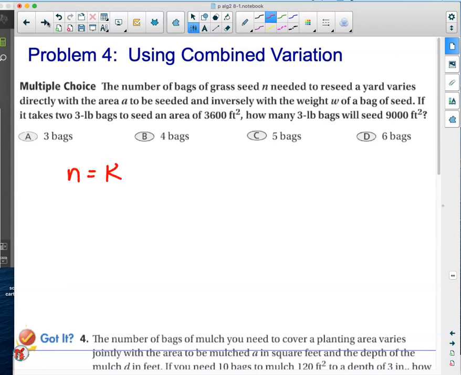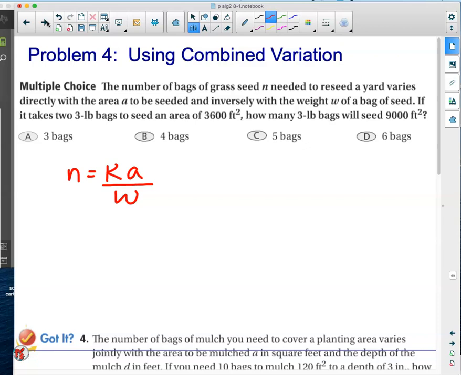If it's variation, I need a K. N equals K. Varies directly with the area A. Directly, is that multiplication or division? Varies directly with the area A to be seeded, and inversely, what does that mean? Inversely with the weight W of a bag of seed.